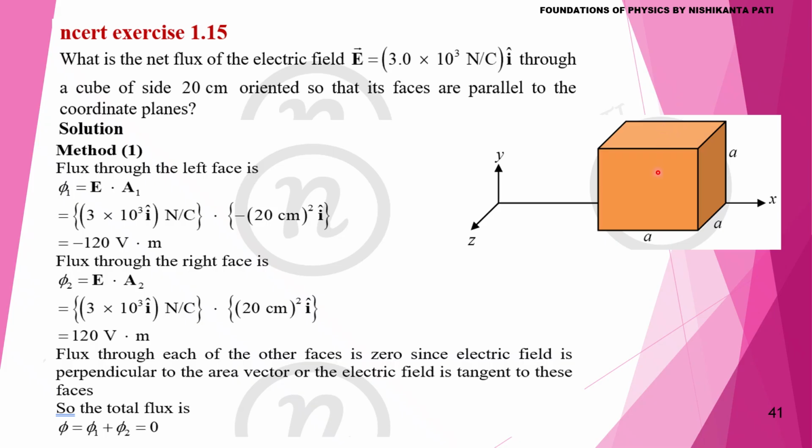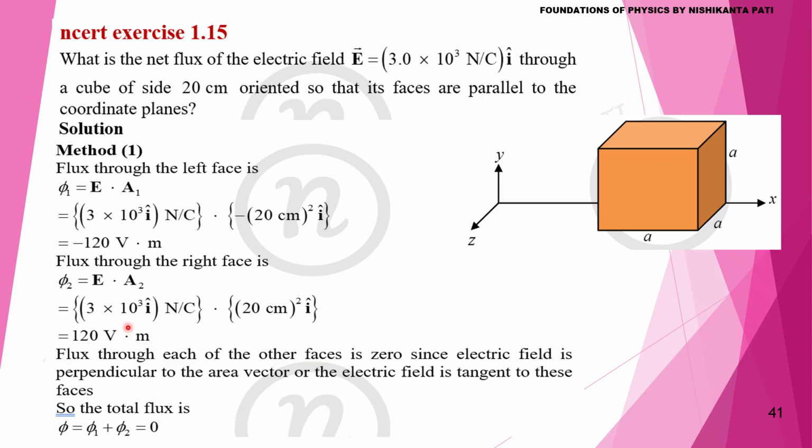So for this surface, the lower surface and the back surface, the area vector is perpendicular to the x-axis. So the flux through each of these planes is 0. Hence the total flux is phi 1 plus phi 2. It is also becoming 0.